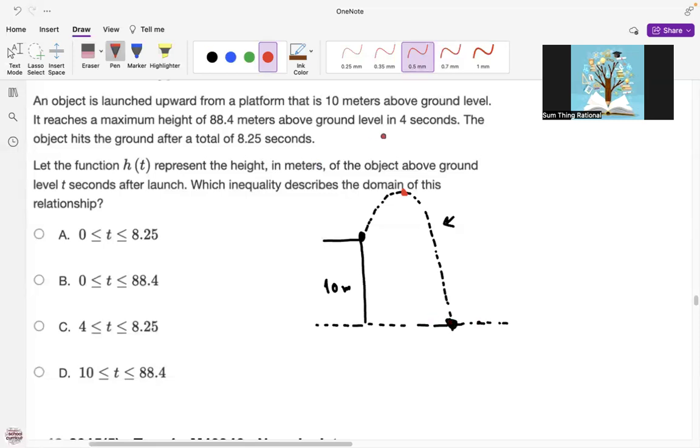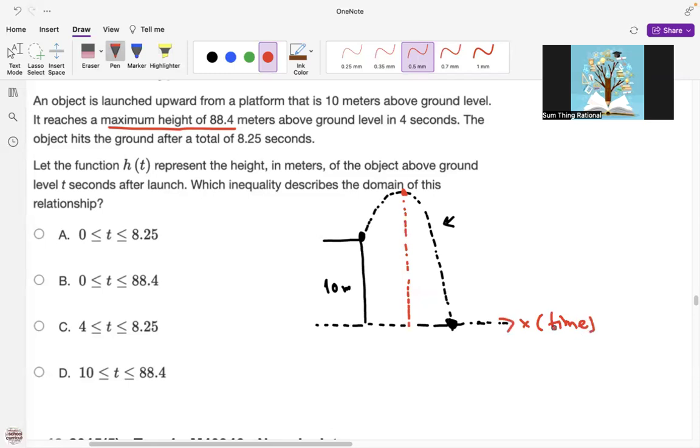When we read the question carefully, there is some important information that we can underline. The object reaches its maximum height at 88.4 meters above the ground level in 4 seconds. For this type of question, the horizontal axis represents the time.